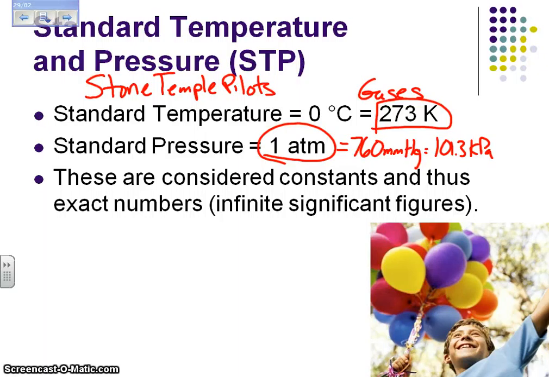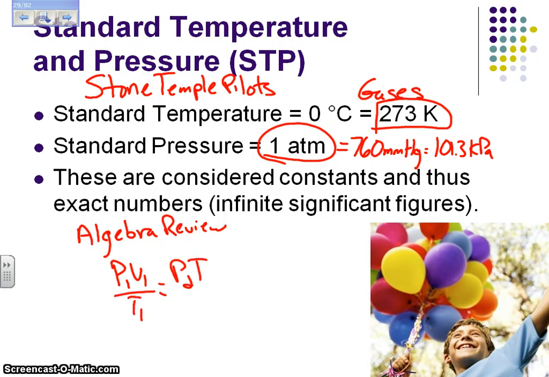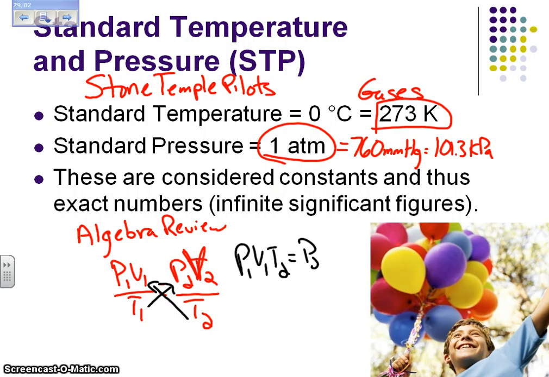Now, a little bit of algebra review. Combined gas law, P1 V1 over T1 equals P2 V2 over T2. If we want to solve for any variable, we first need to cross multiply, which would give us P1 V1 T2 equals P2 V2 T1.